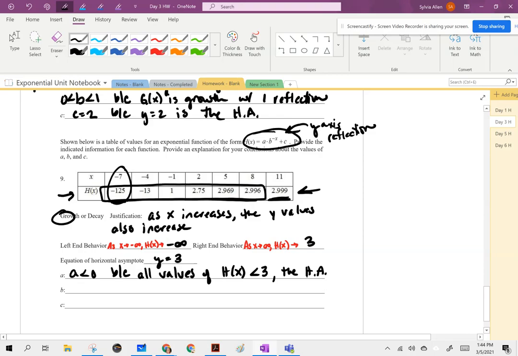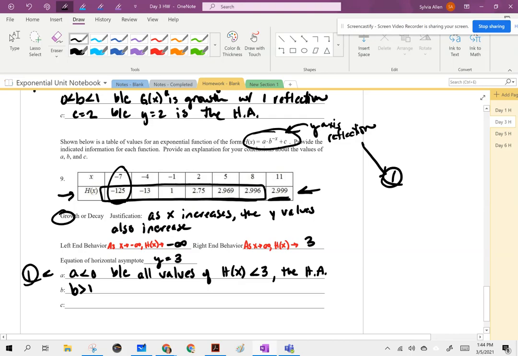All right, so now let's take a look. We've got one reflection and then another reflection. So what that means is, if we originally started off with decay, we end with decay. If we started off with growth, we end with growth. So what is a normal growth B value with no reflections?